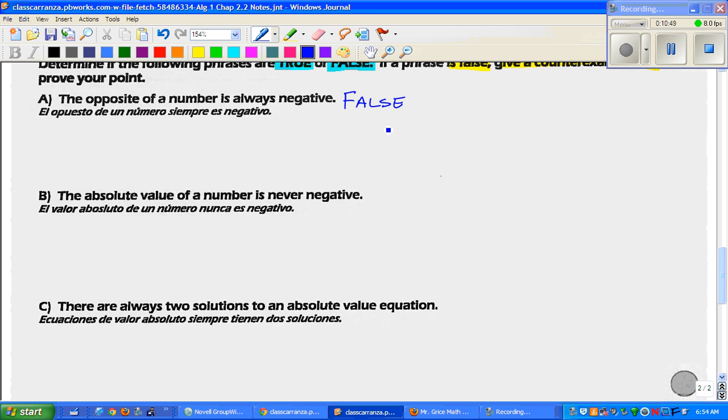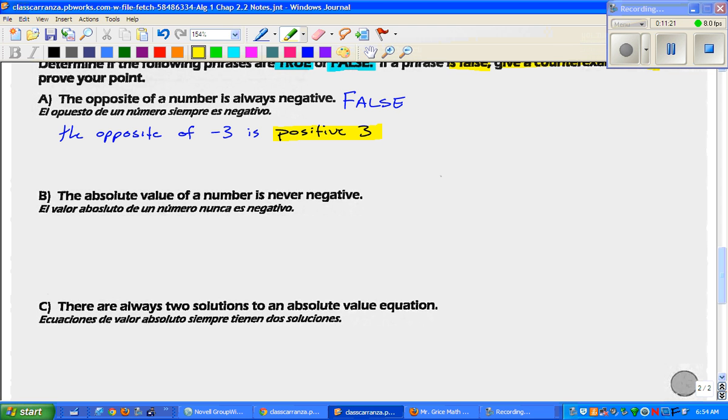That statement is false, okay? Because the opposite of -3. What's the opposite of -3? The opposite of -3 is +3. So that's a specific example that's saying that your statement is false.